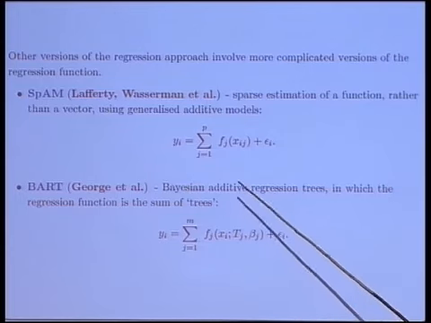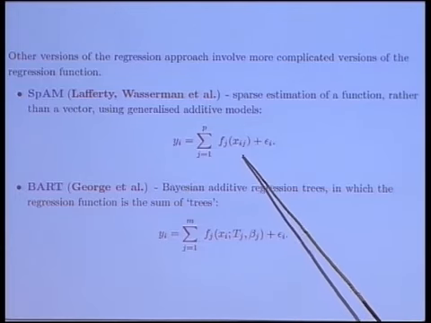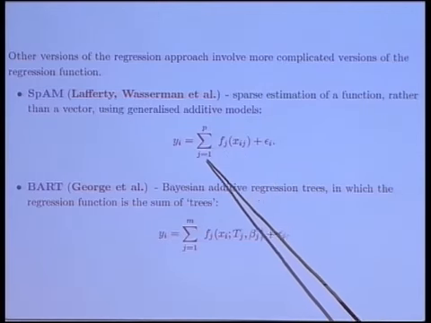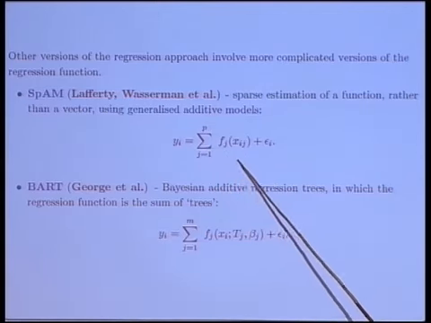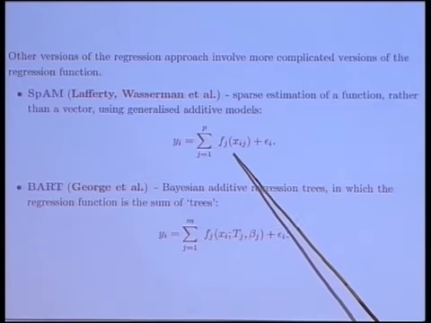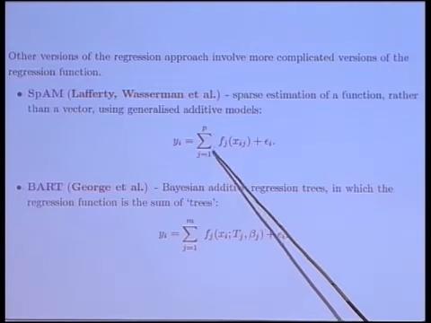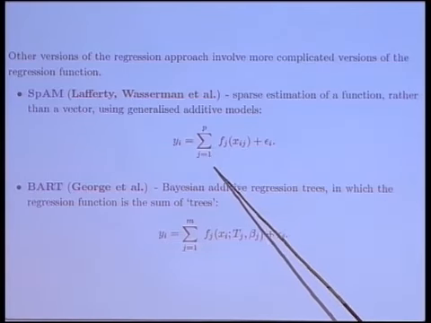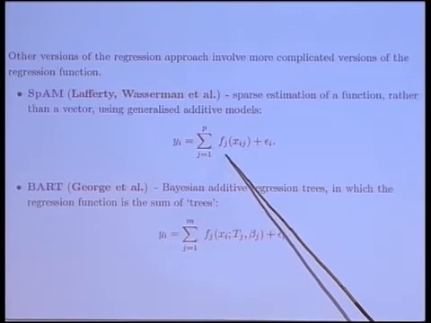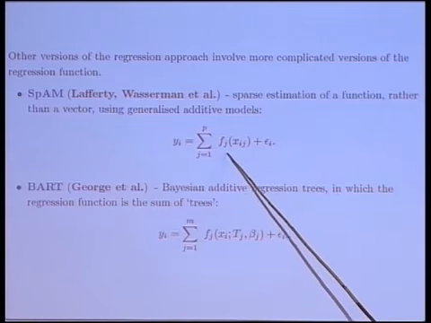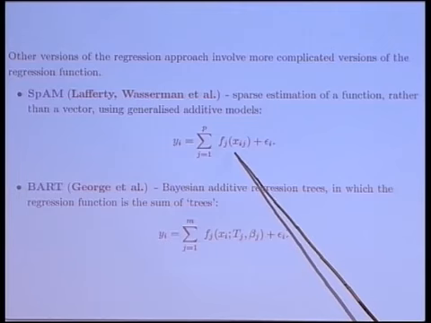This is a so-called generalized additive model where the regression function, the function that defines the mean of y, is made up of p terms, if you've got p covariates, and the jth term is some function of the jth covariate.